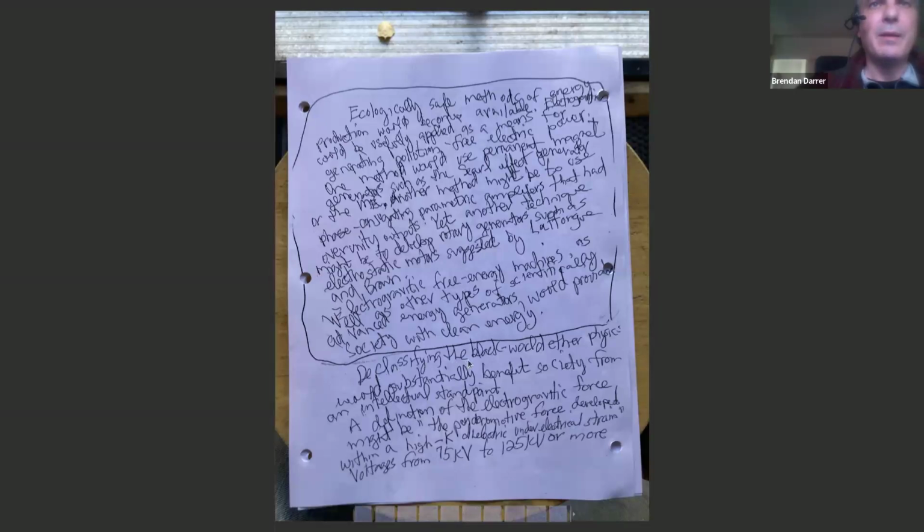Declassifying the black world ether physics would substantially benefit society from an intellectual standpoint.